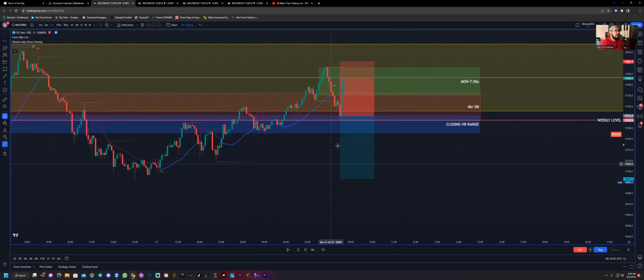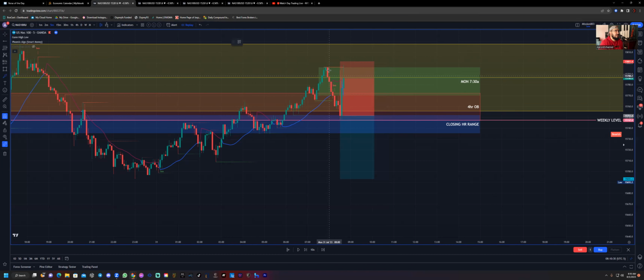Well, pay attention to what happened. The 8:30 candle opens inside this closing range, right? So we're not exactly sure how it's going to react. But here's the idea about this 7:30 candle range, okay?